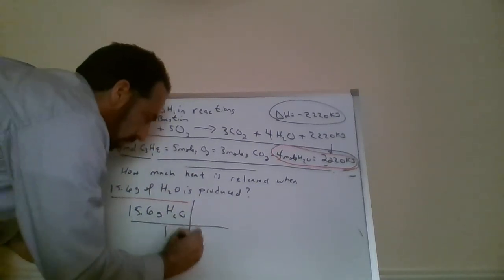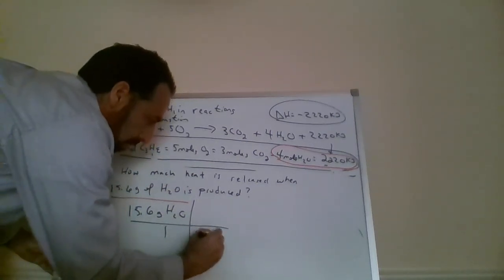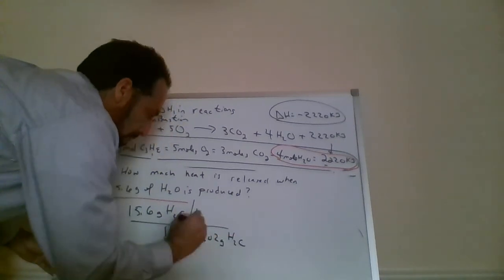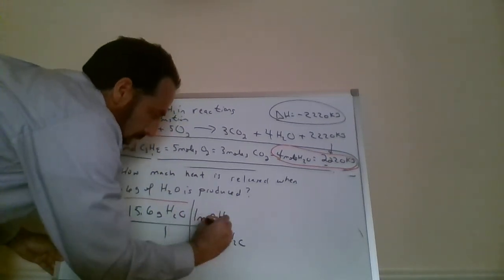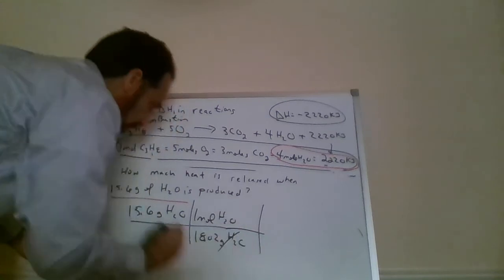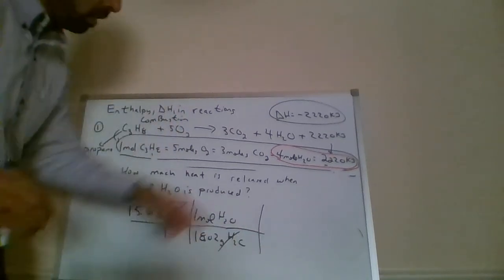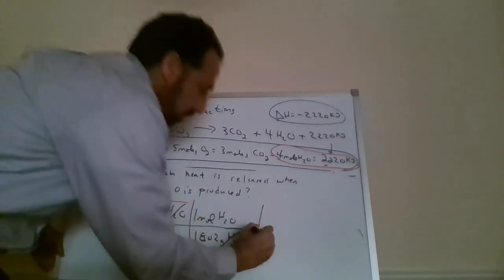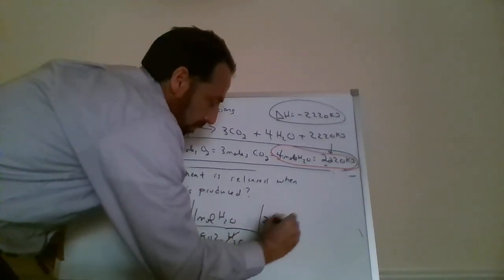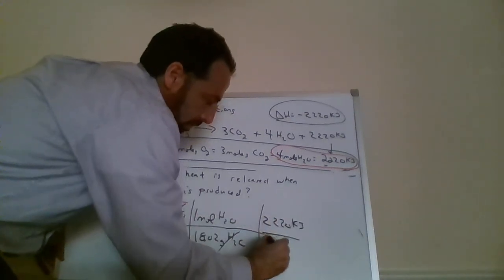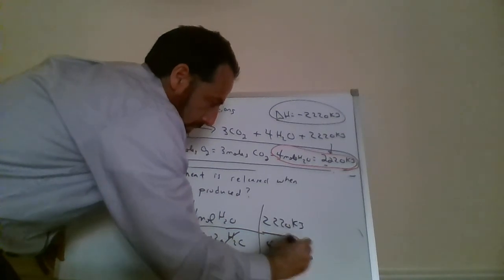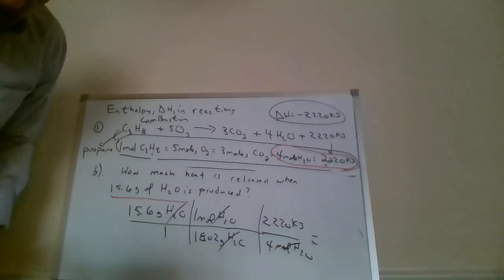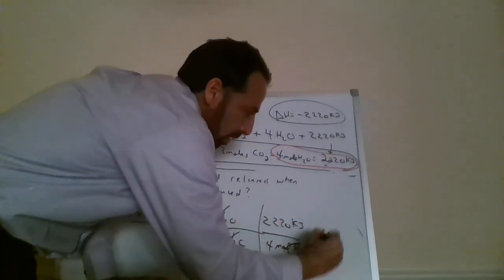We've been doing that for a long time. So I got the molar mass. Once I got the moles, well, 4 moles of water will produce 2,220 kilojoules. So if I do that, I'm going to end up with 480 kilojoules of energy.